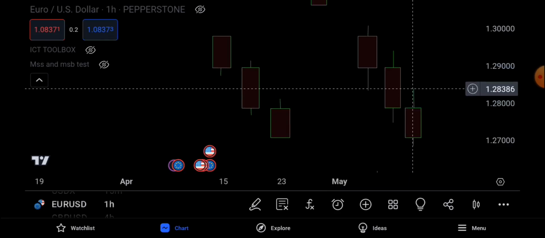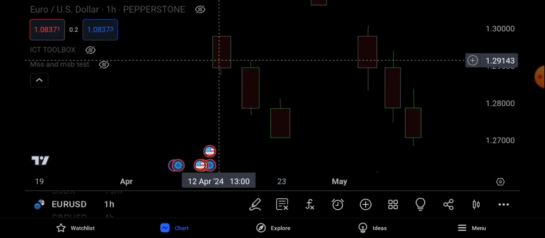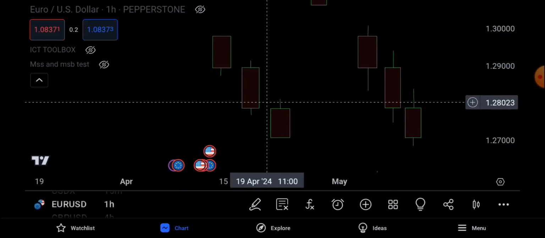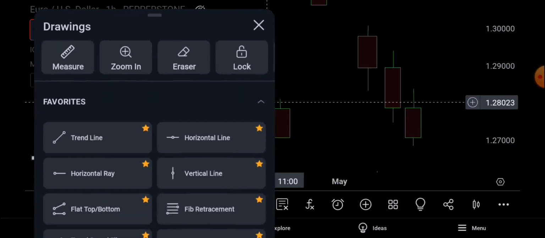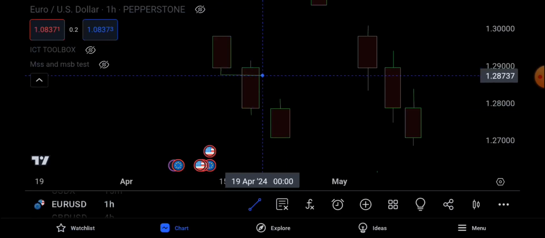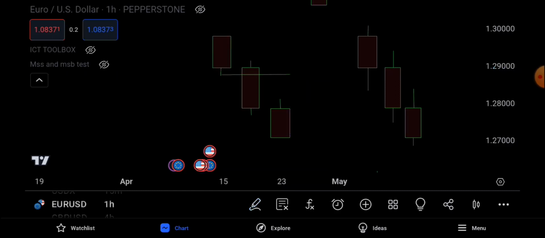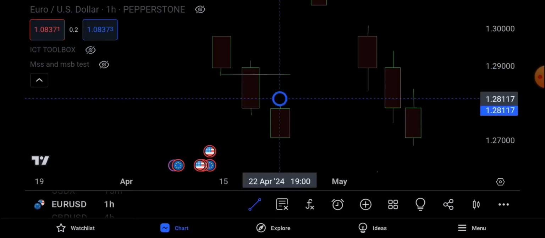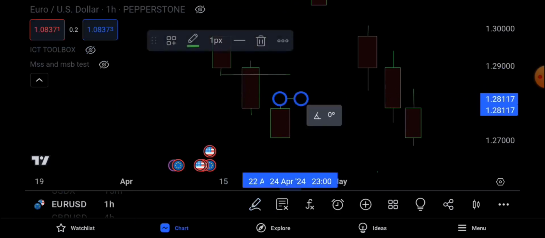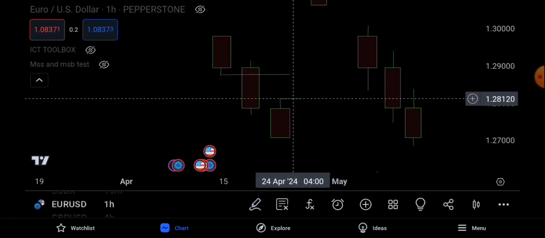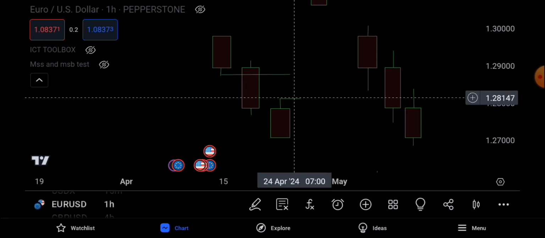A fair value gap is formed when the wick of the first candlestick and the wick of the third candlestick do not overlap, so they create a gap in between, which we can denote like this so you can see it better. So this area right here, from this to this, is what we would call a fair value gap.